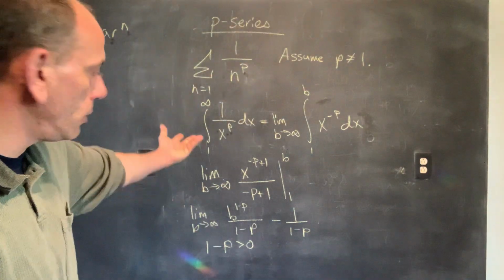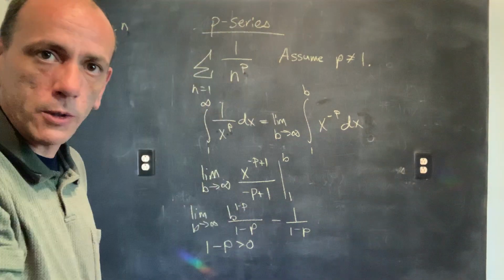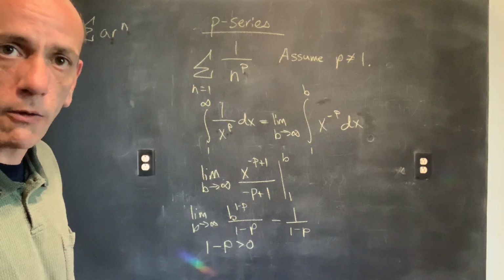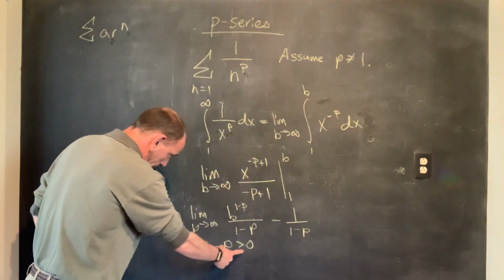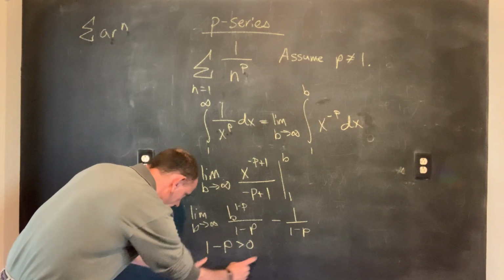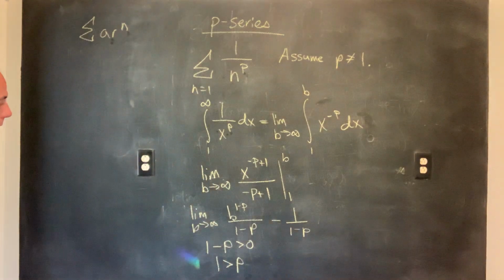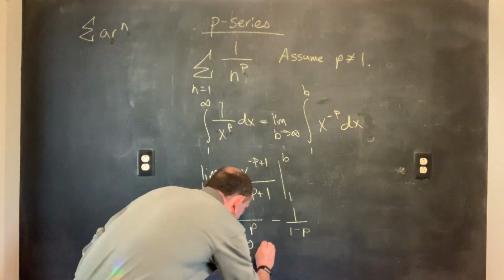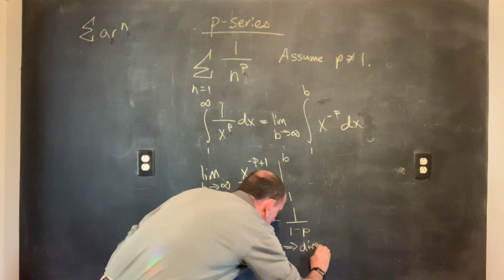If it's something like 2 or bigger, that's just going to be a polynomial function, and it's going to grow to infinity regardless. So if 1 minus p is greater than 0, that will diverge. So 1 is greater than p. It looks like if p is less than 1, that diverges. p less than 1 implies the series diverges.